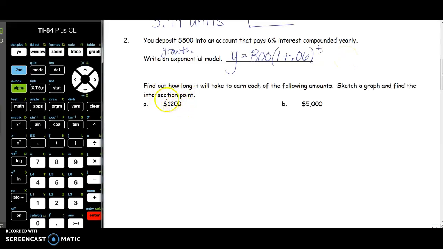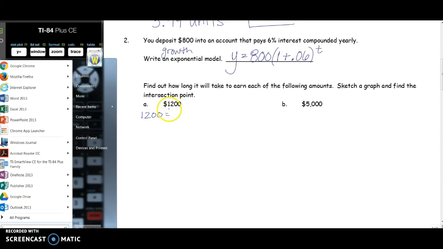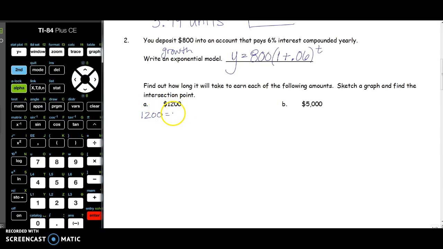Yesterday, we substituted this into t, but that's not what we're looking for. We're looking for how long it's going to take for our account, excuse me, with $800 in it, to get to 1,200. So this value here goes into y. So it's 1,200 equals 800, 1 plus 0.06 to the x power. X and t are the exact same thing.